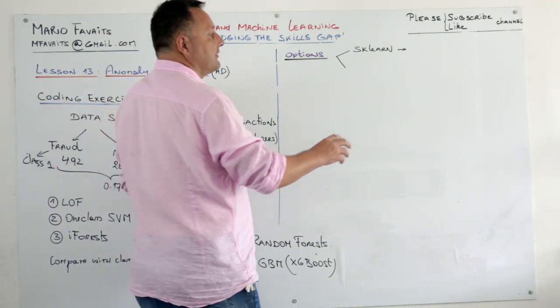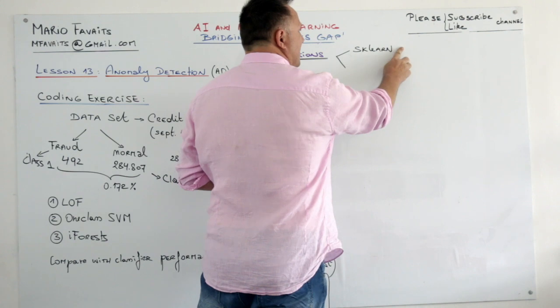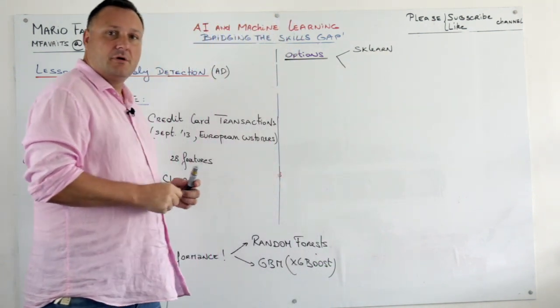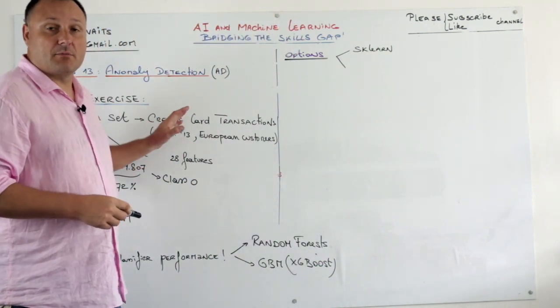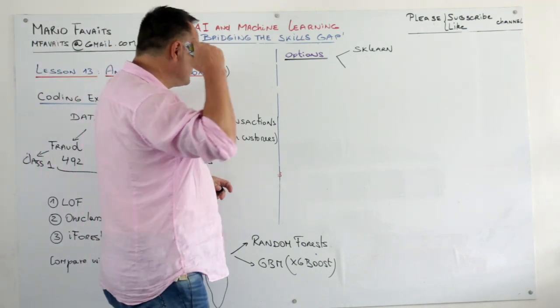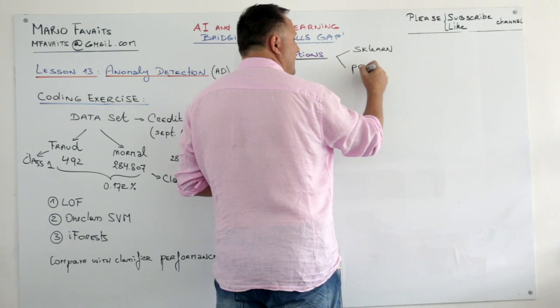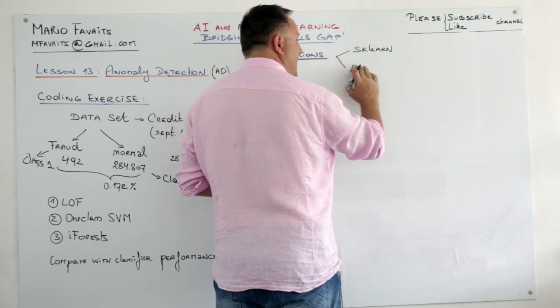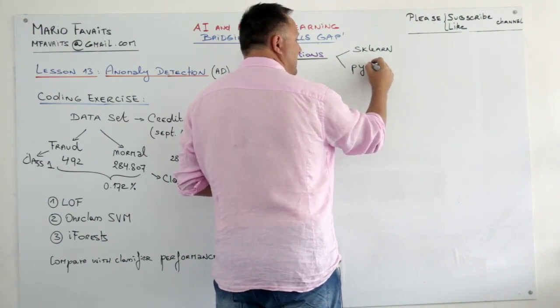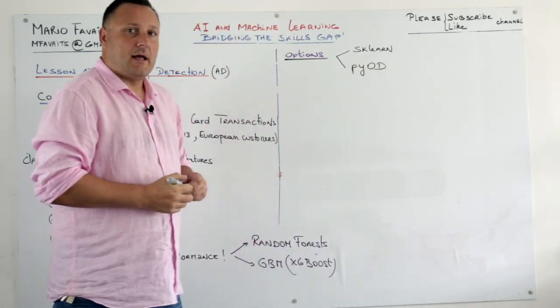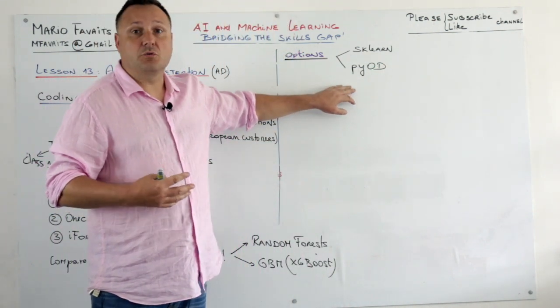I think there's a lot of mistakes online using sklearn for this type of problem. So I found another library which is called PYOD. And it's easier to work with.